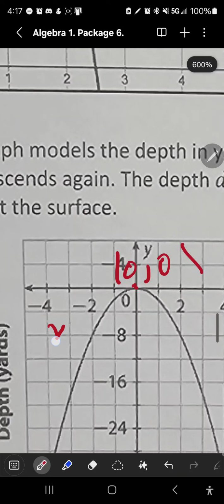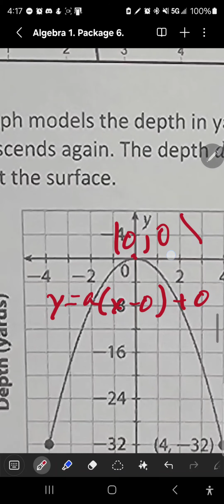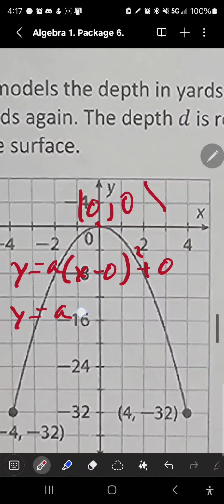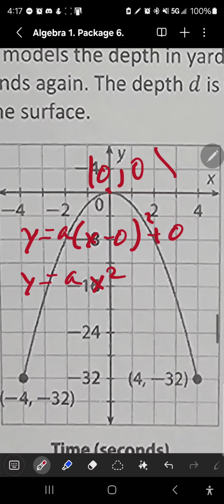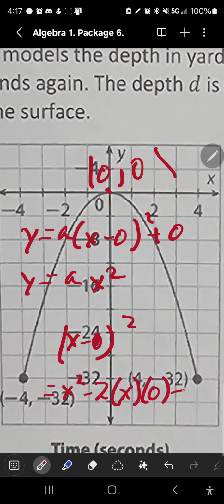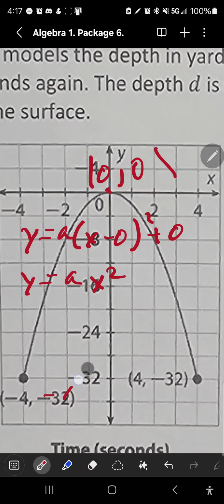So I'm going to say that y will be equal a times (x minus 0) squared plus 0. The first one squared, so x squared, minus 2 times a, which is x, times b, which is 0, plus b squared, which is 0 squared. Now 0 times 0 is 0, 0 squared is just 0, and we have x squared.